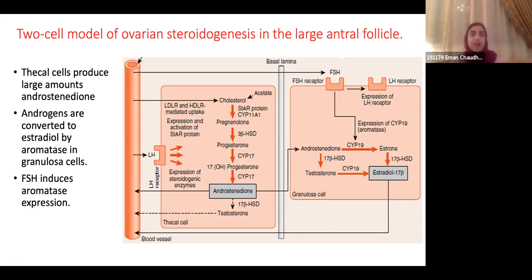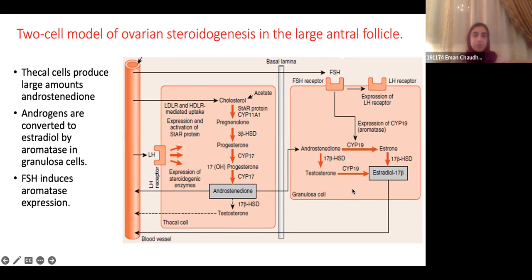However, you still have estrogen production, but you don't have a follicle anymore. So how is it happening? Via this. Androstenedione is being produced by the thecal cells and is also being produced by the corpus luteum. And that androstenedione, again, can be used to create estradiol.